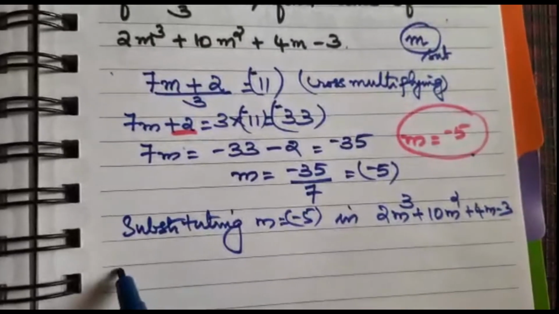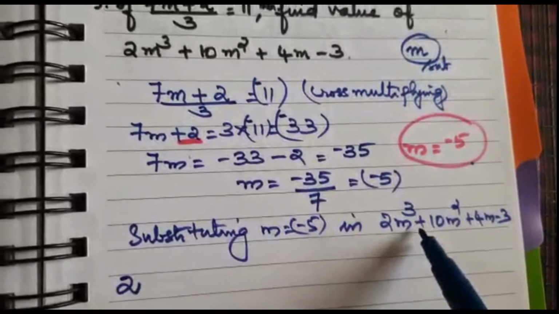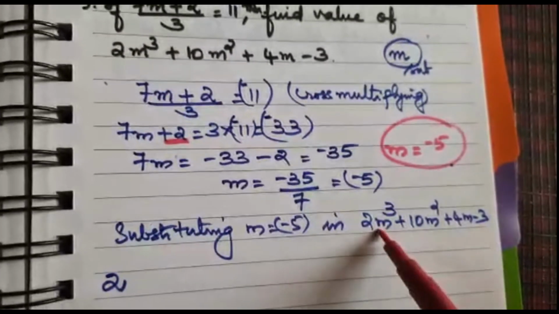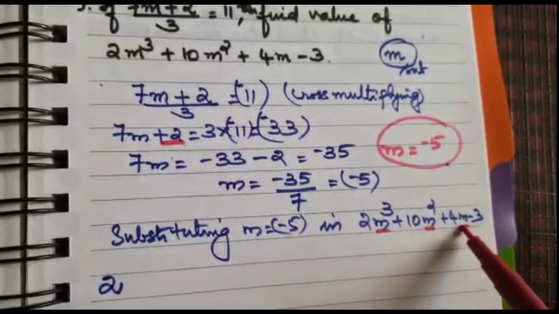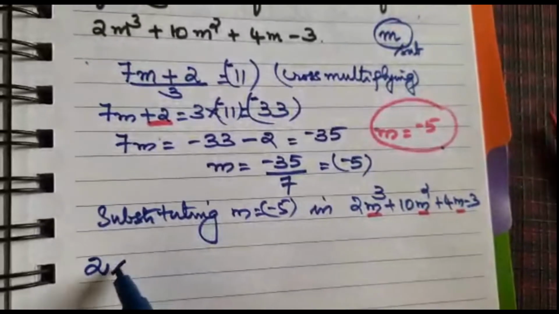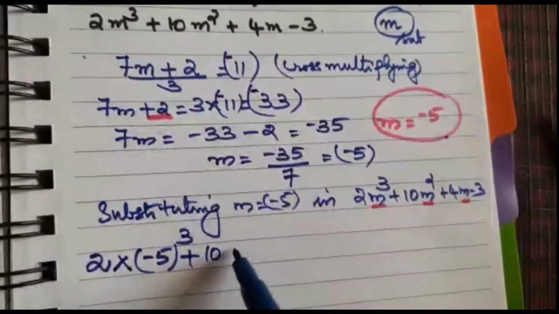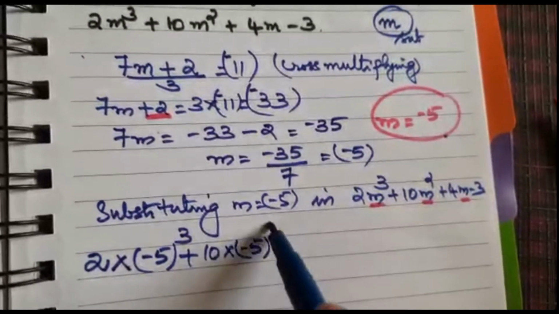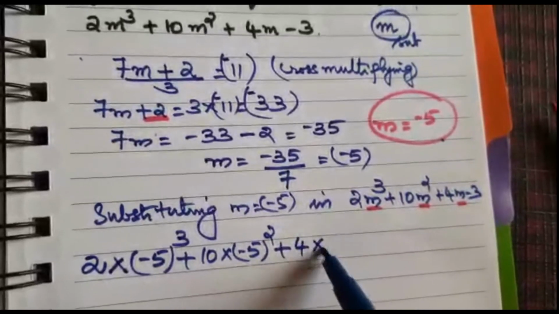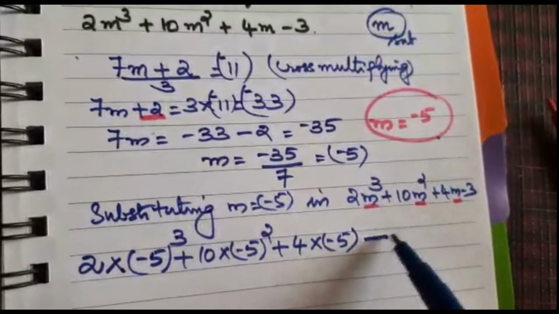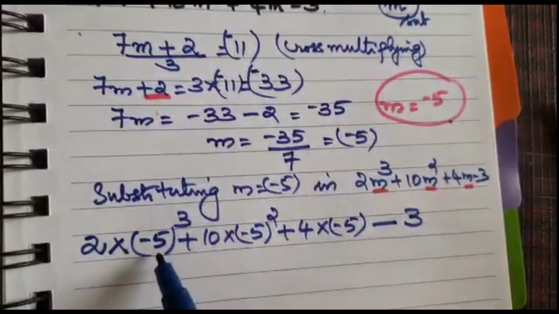So wherever there is m, you will put the value minus 5. So 2 into (−5) whole cube plus 10 into (−5) whole square plus 4 into (−5) minus 3.